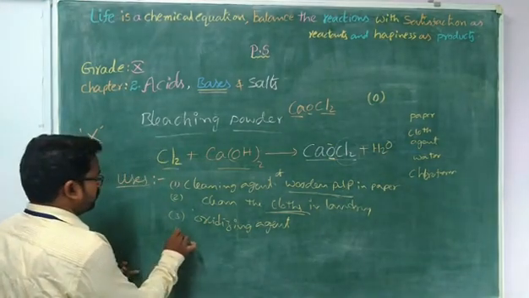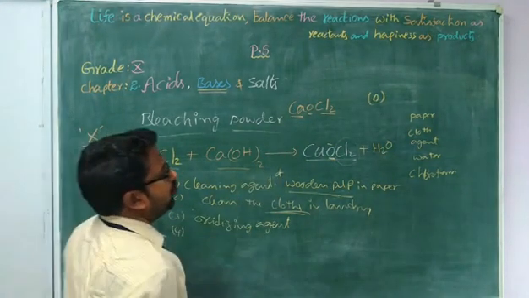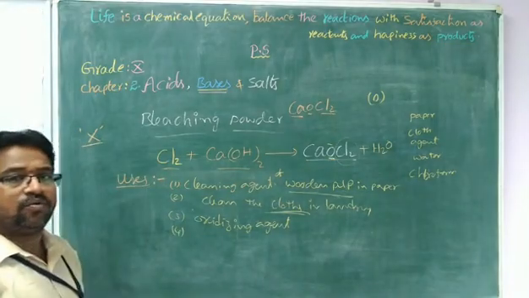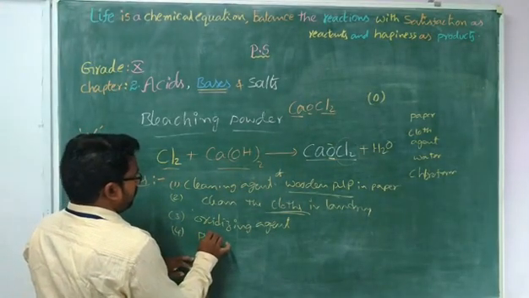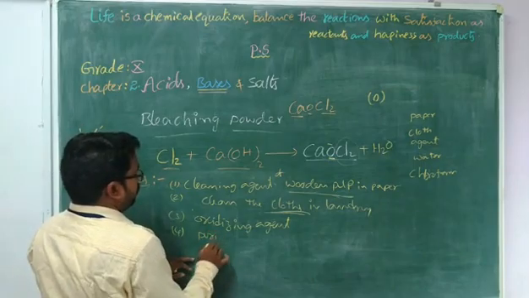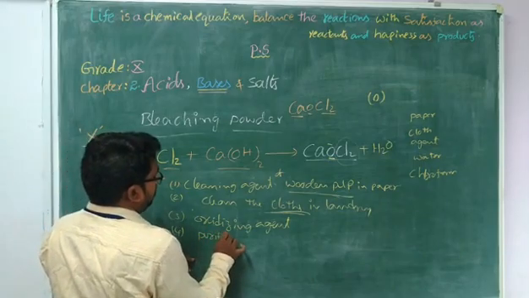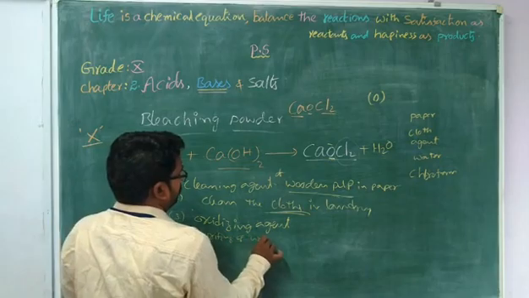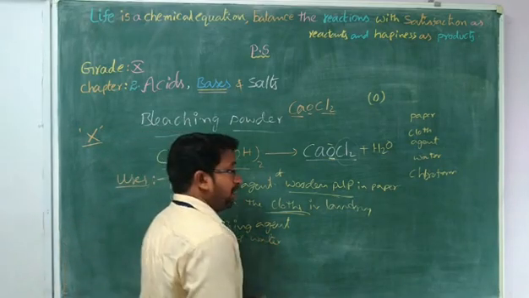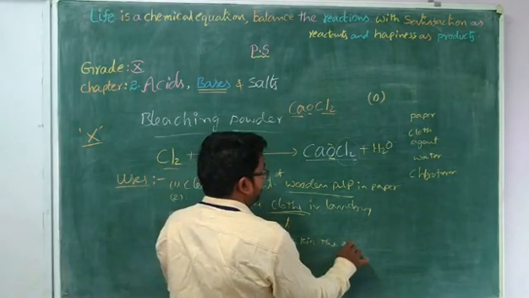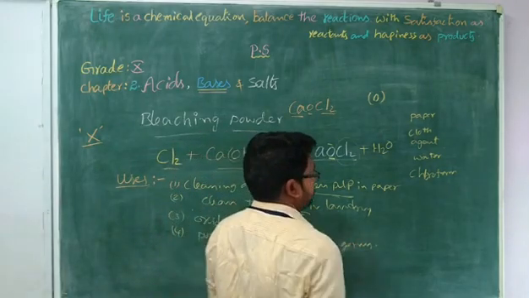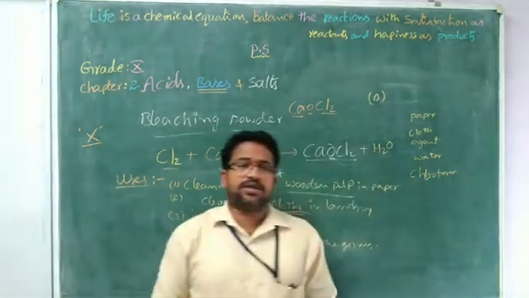Of course, the next one, fourth one, is about water. So bleaching powder is used in purifying the water. For what purpose? To kill the germs. Harmful germs are there in water.